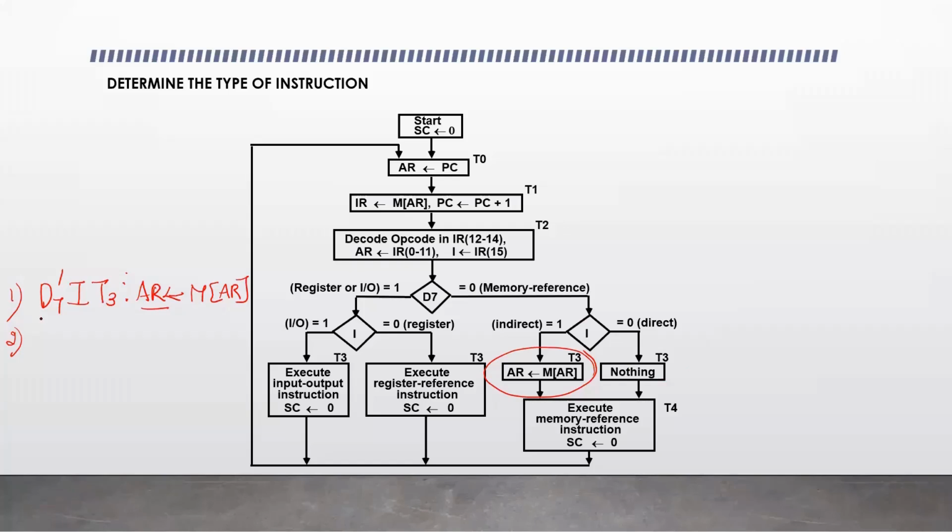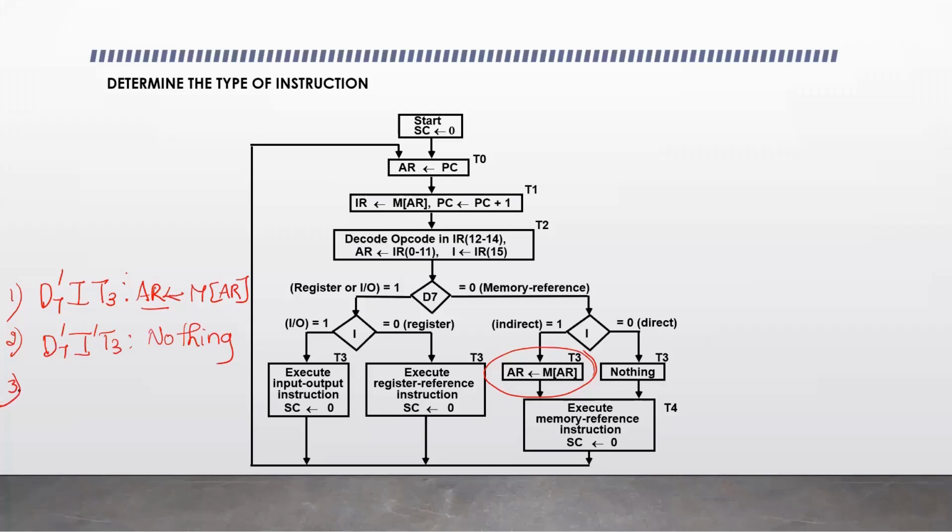So the control condition is D7 dash I dash, because I is 0 here, and time T3. The second path is taken, that is performing no operation.